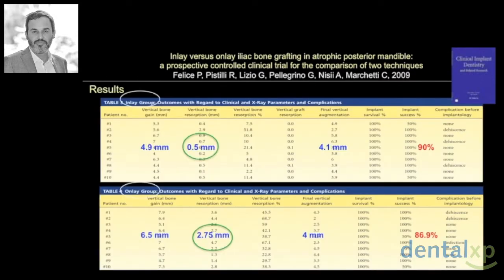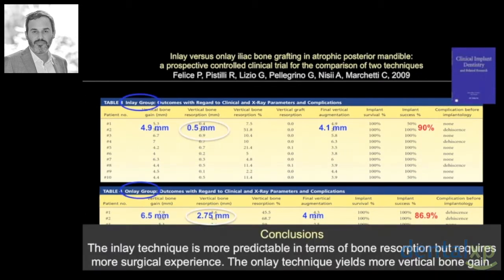And we started to see some advantages, in particular in terms of the predictable graft and stability. And if you look here, with the onlay technique I have 2.75 millimeters of vertical bone resorption versus the inlay group, which has 0.5 millimeter.